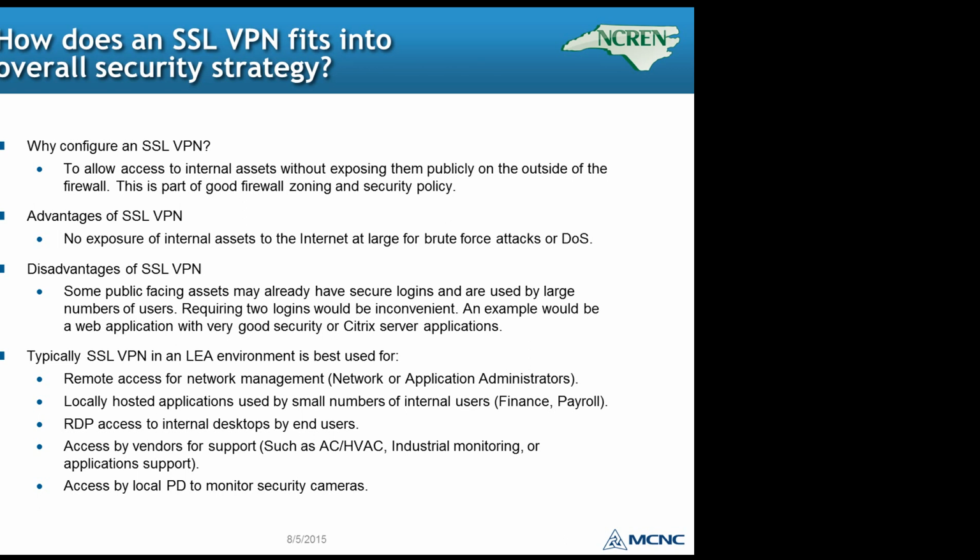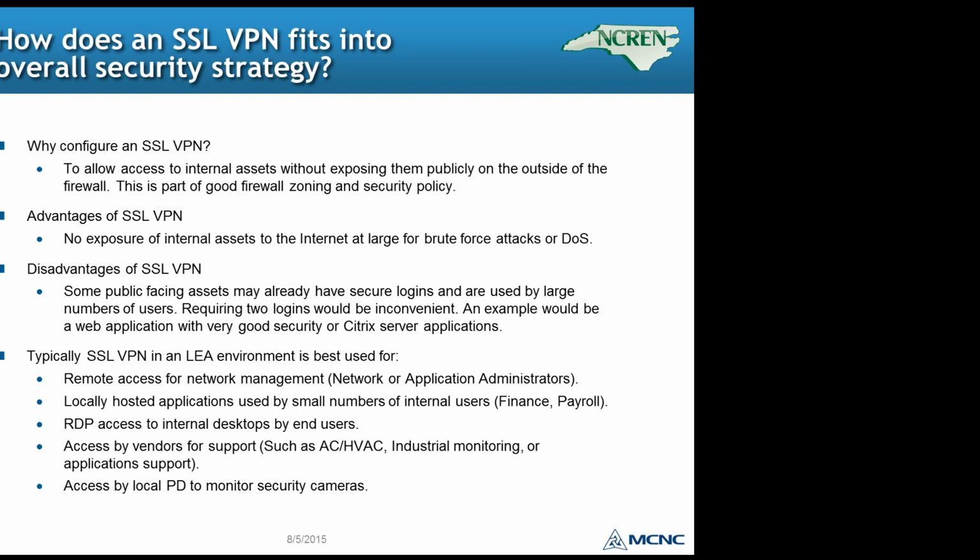Typically with firewall zoning policies, you want to separate your servers, your internal users, your external users, and then sometimes even construct different zones for different levels of data, as far as sensitivity or criticality, and you do that to control access.